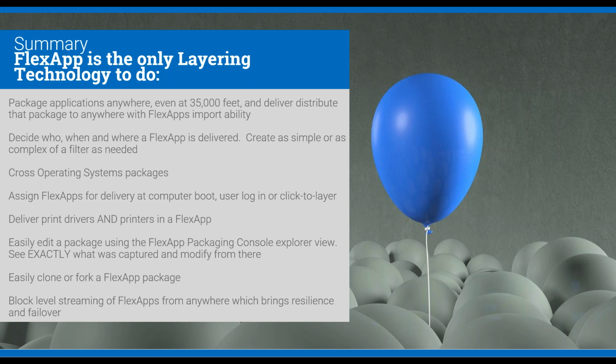And then we have click to layer. Basically this is really for those applications that maybe a user doesn't use all that much, but it needs to be at the ready. So instead of attaching it when a user logs in or maybe at boot, we put an icon on their desktop. They double click that icon, the application mounts at that point, and then they can use it from there.